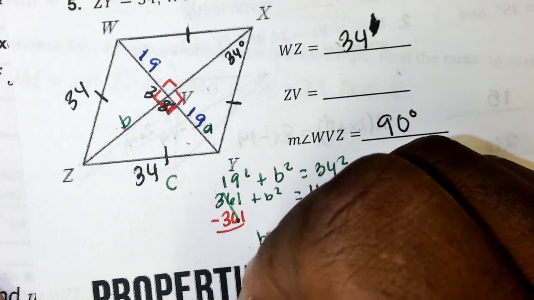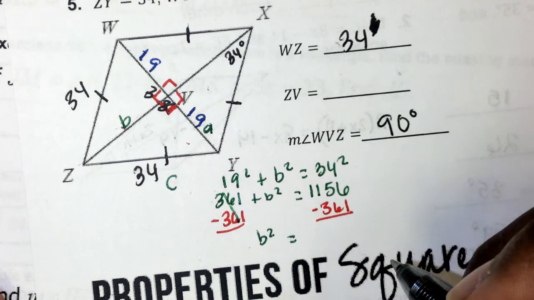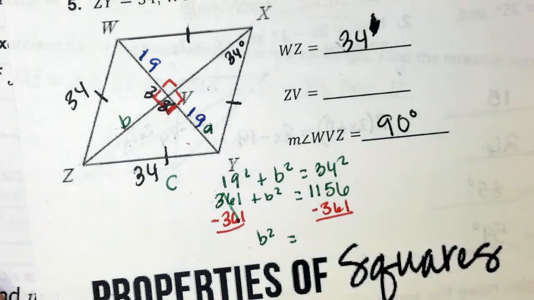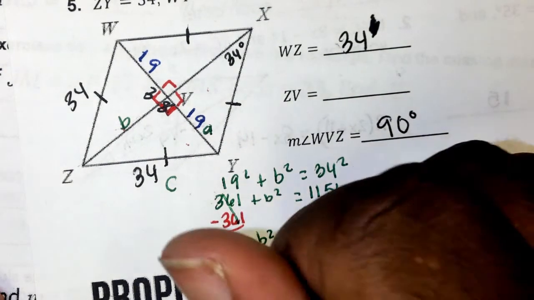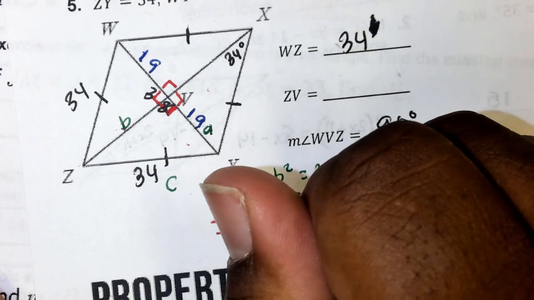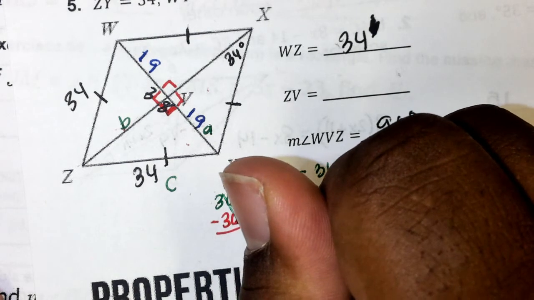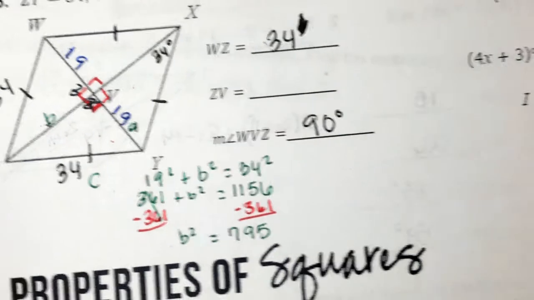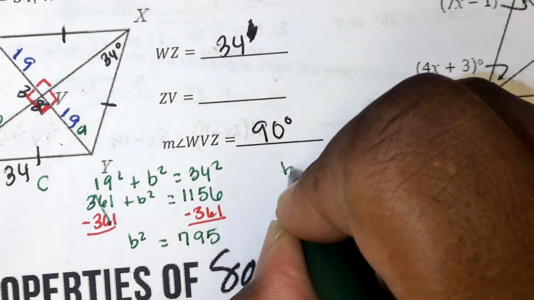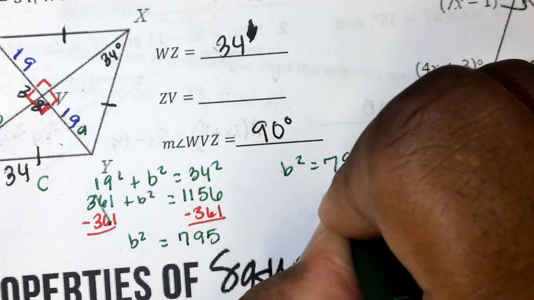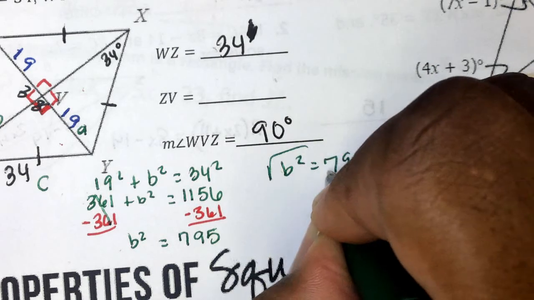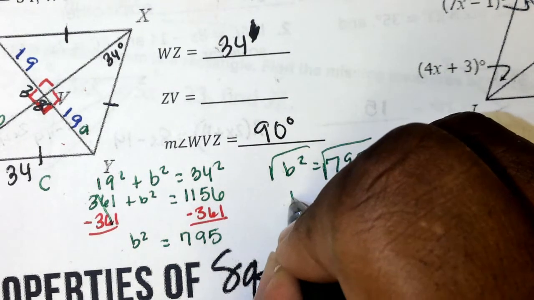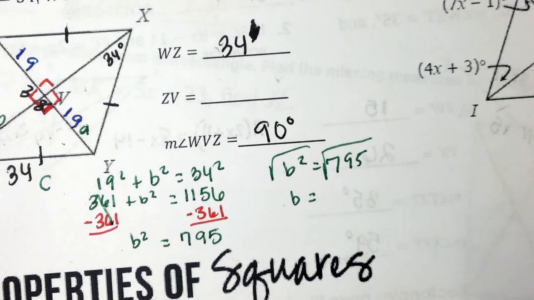Cancels. B squared equals what? 795. And then for now, I'm running out of space, so I'm gonna come up here. B squared equals 795. And then I'm gonna square root. B equals.